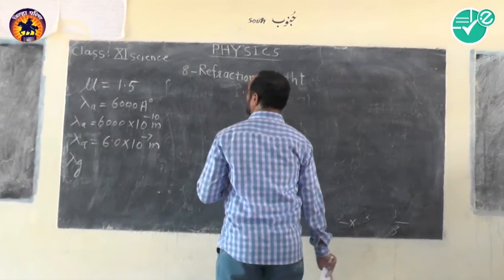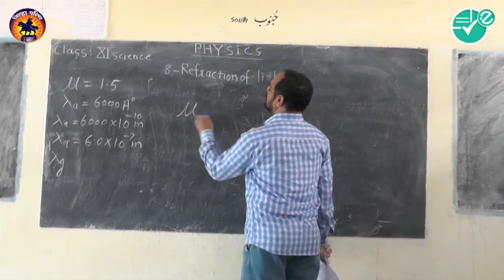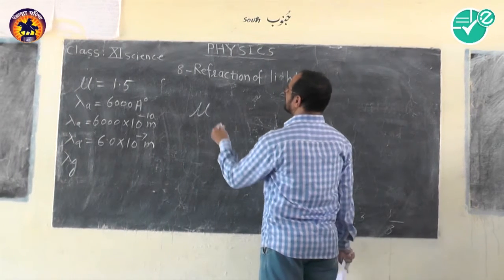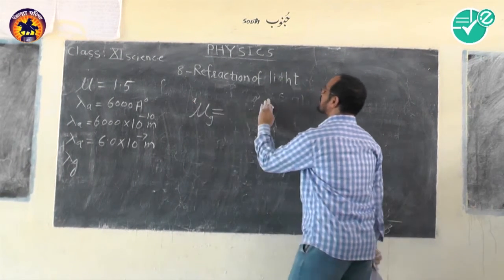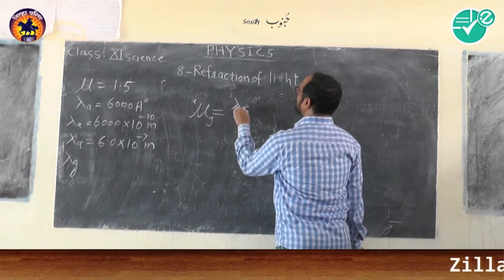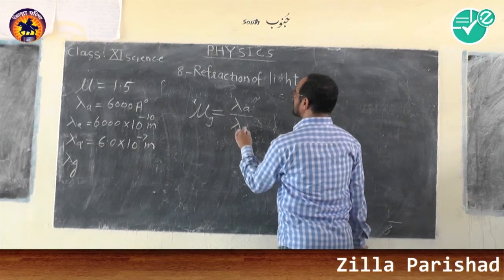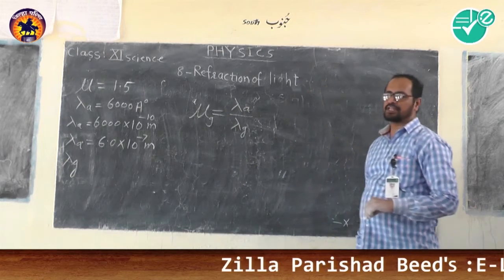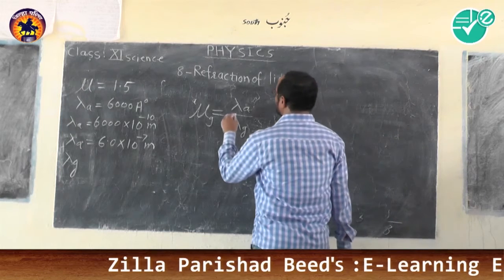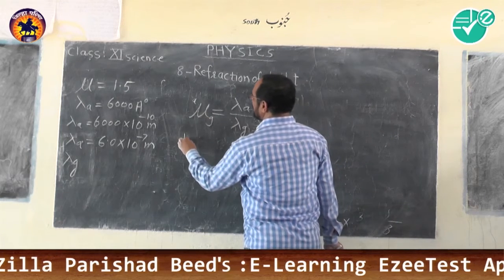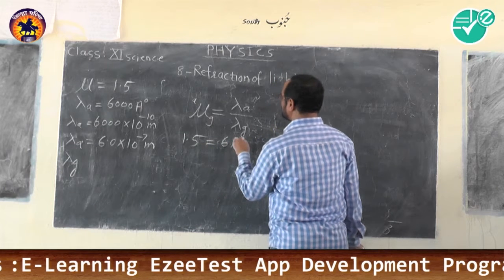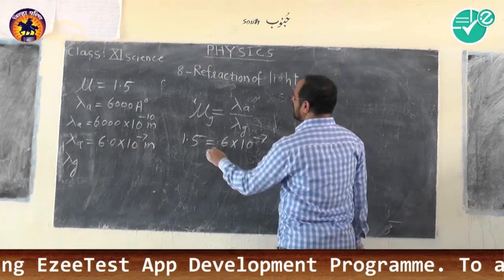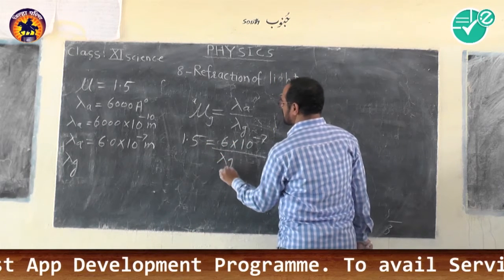So we know the formula of the refractive index, if we take glass with air, that is lambda A upon lambda glass, the medium. So 1.5 is equal to 6 into 10 to the power minus 7 upon lambda g.